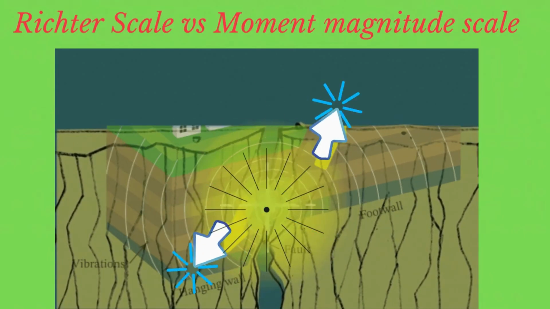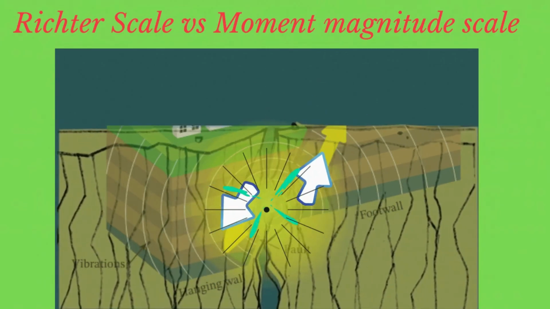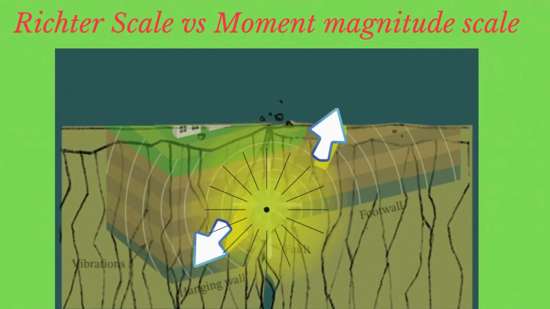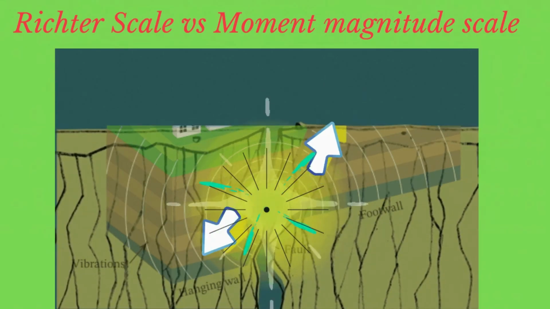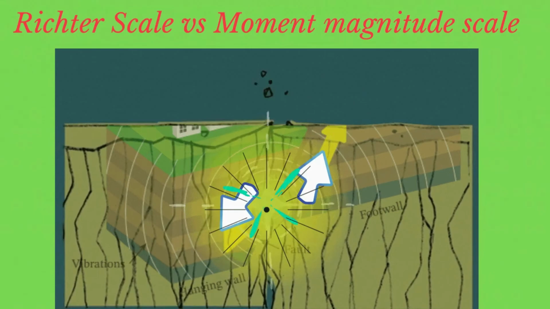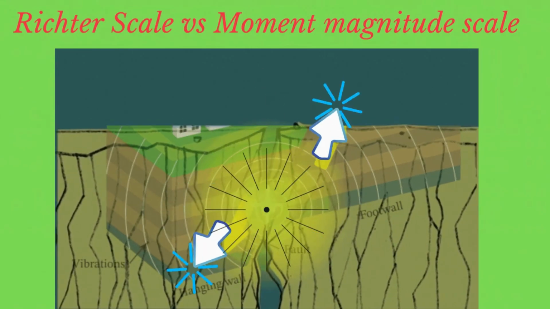Though the Richter scale is still used for forecasting future earthquakes and calculating earthquake hazards, it has largely been replaced with the moment magnitude scale, which records all the different seismic waves from an earthquake on seismographs across the world.